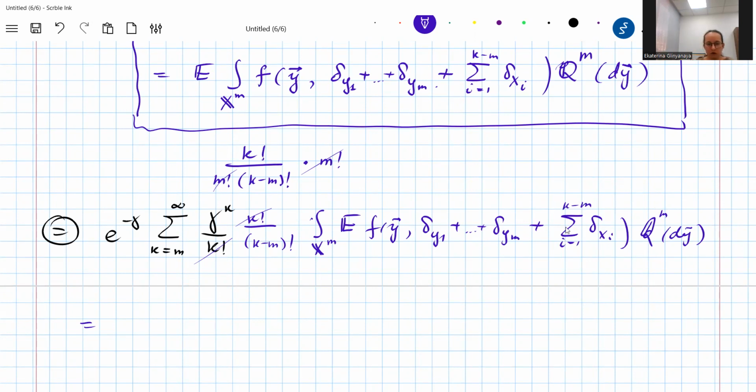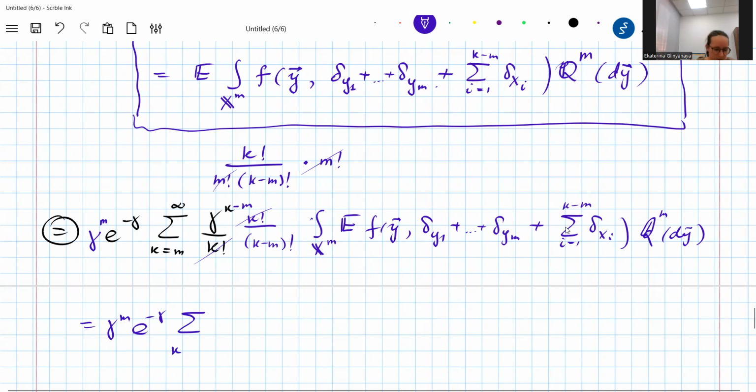So I do the reverse step. Let me write here k minus m, and here I write gamma to the power m. And I can change the summation now, not from k equal to m, but just from k equal to 0 to infinity.